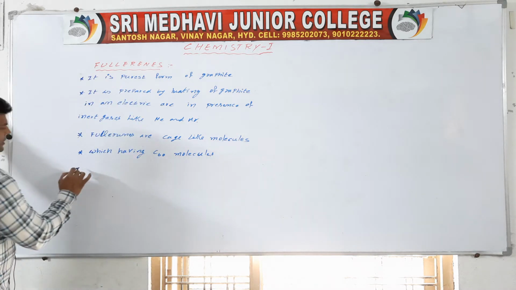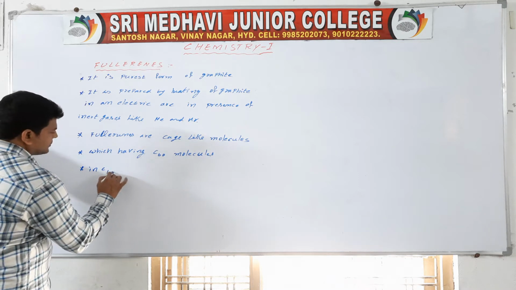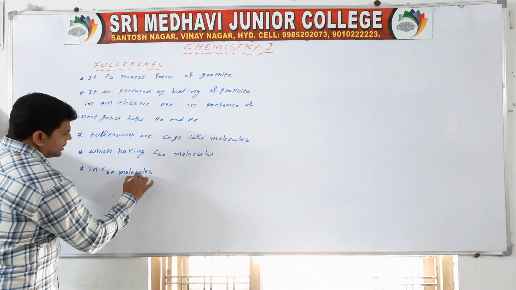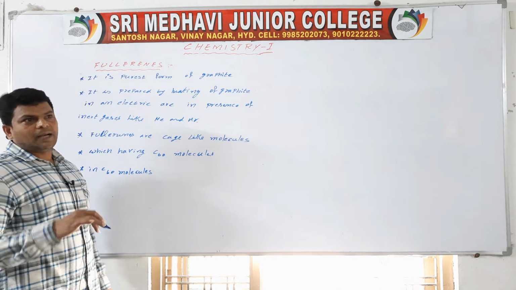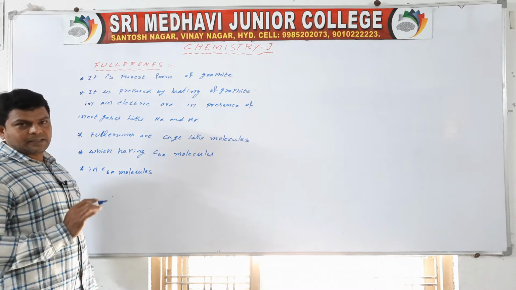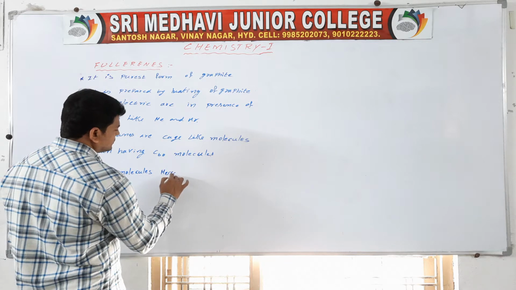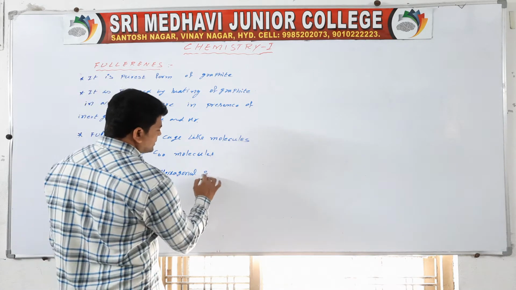Okay, in C60 molecules, hexagonal and pentagonal rings are present. Hexagonal means a 6 numbered ring.